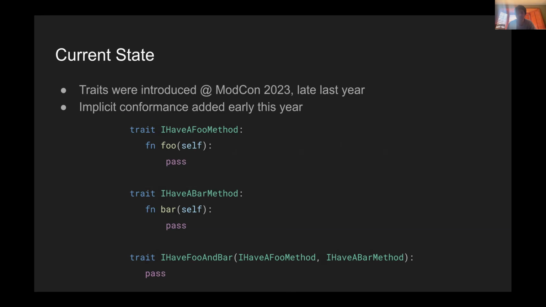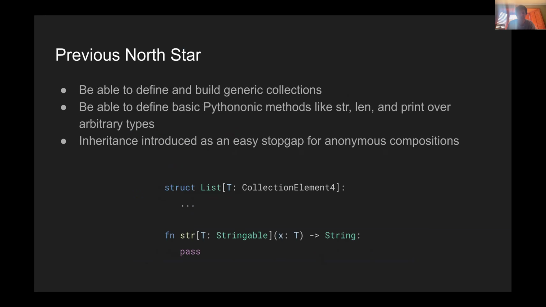So a trait is really, you can define an interface and say that my struct defines these methods. And we have trait inheritance that allows you to compose traits together, add more requirements to them, but you need to give it a name. The previous North Star that drove the initial implementation of traits in the language was, one, we want to be able to build generic collections like list, dictionary, et cetera, that will actually properly move and destroy their element types.